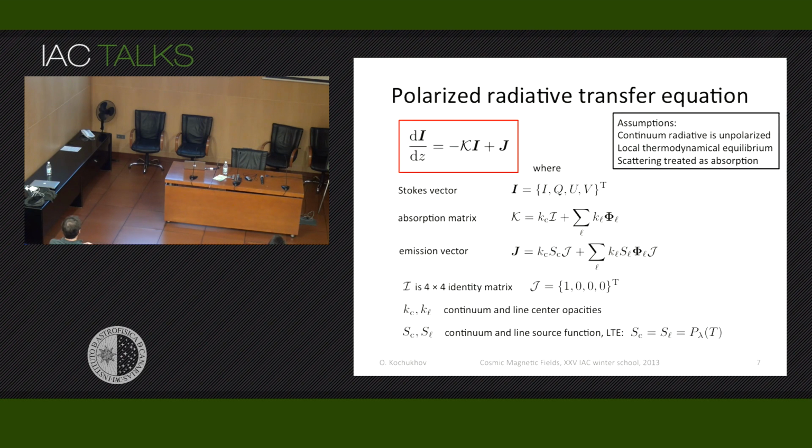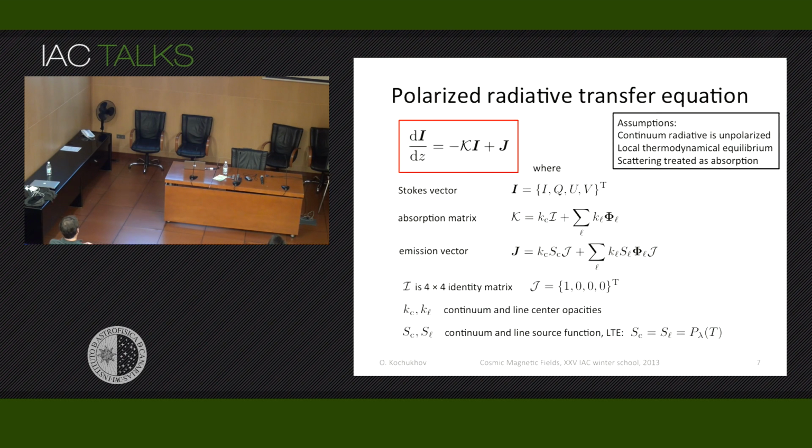What we have to do is to solve the polarized radiative transfer equation. It can be written in various ways, and the way that I prefer here is this one. So I here is the Stokes vector. It's a vector consisting of all 4 Stokes parameters, and it's a column vector, so I have the transpose here.